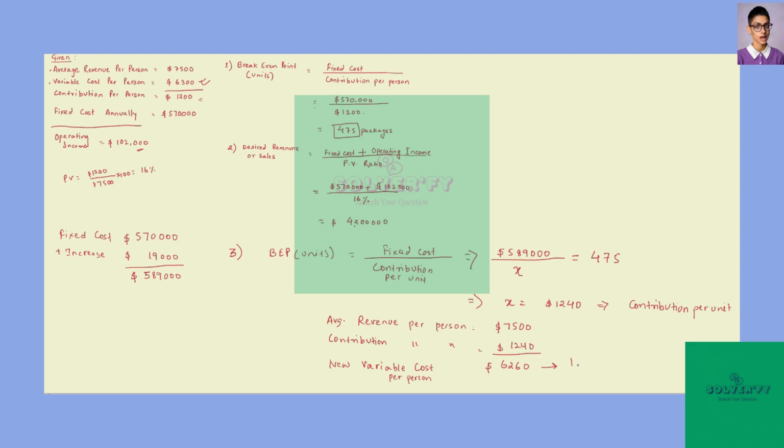That means there is a decrease of $40 in variable cost. So if fixed costs are increased by $19,000, then we have to decrease our variable cost by $40 in order to have the same break-even point of 475 packages.